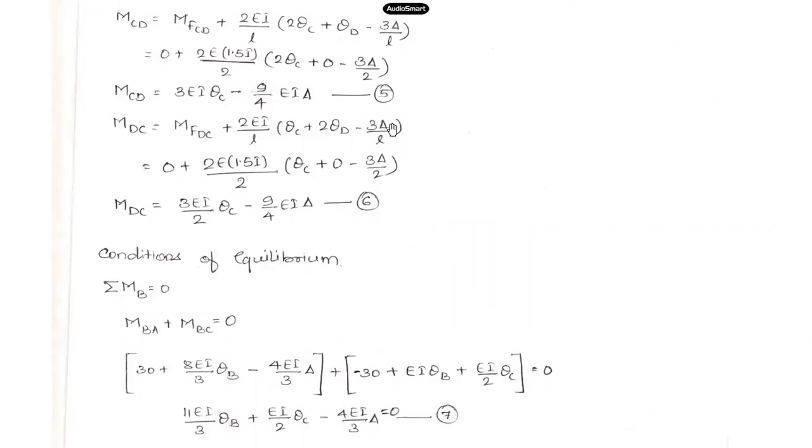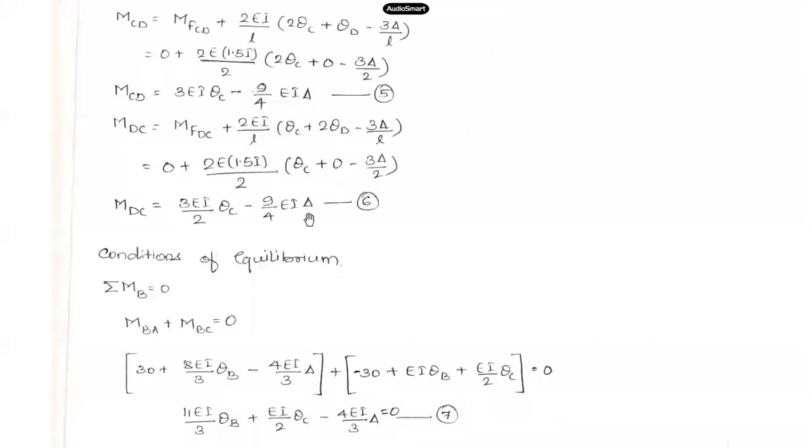Delta is positive because the member is rotating clockwise with respect to joint D. The simplified equation for MDC: MFDC is 0, and then 3EI by 2 into theta C minus 9 by 4 EI delta.